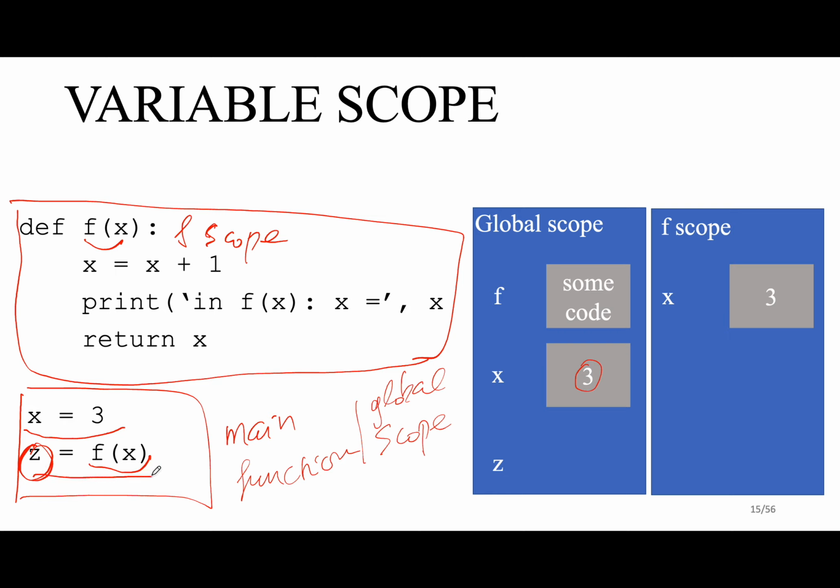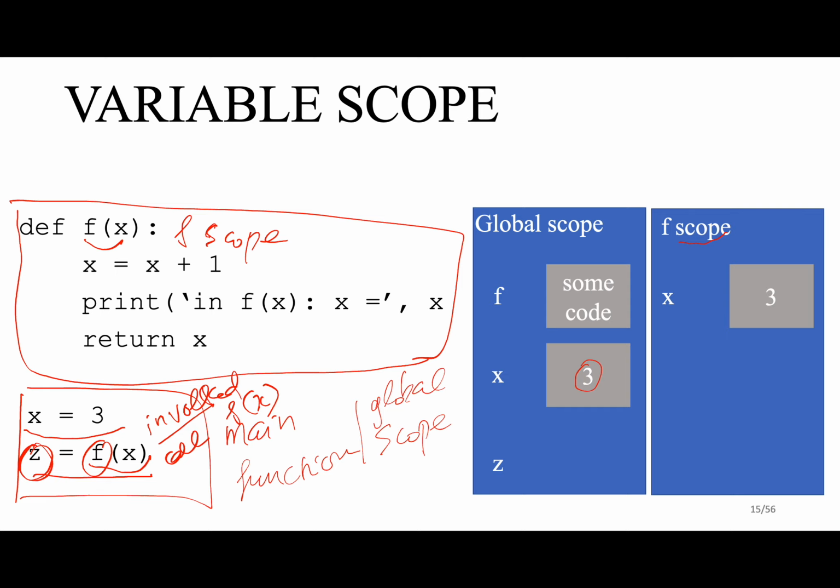At this line, you invoke function f, which means you call function f. When you call function f, the scope for function f is created. It provides memory so function f can really work.